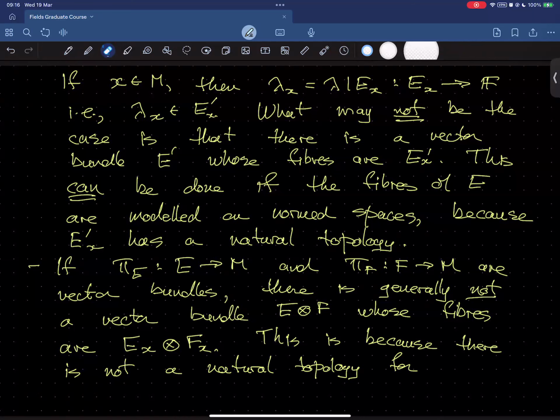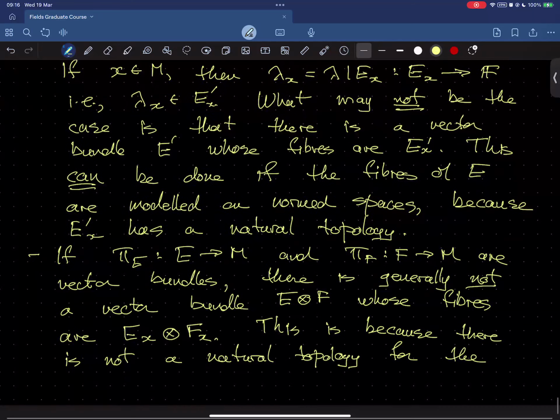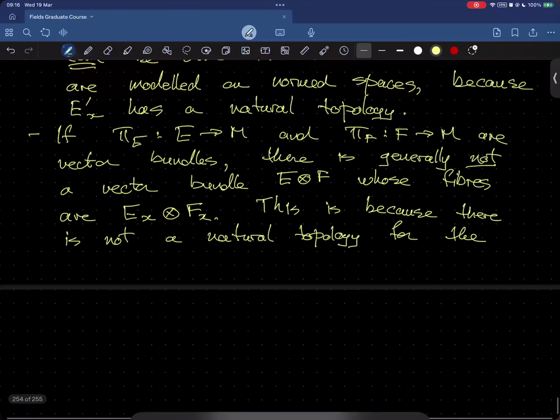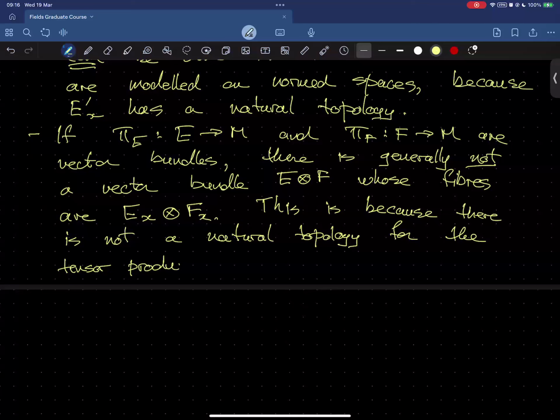So let me maybe say it a little bit more generally for the tensor product of locally convex spaces. Maybe depending on how you want to do this, there might be a natural one among the possible topologies for the tensor product. Maybe there's one that you could work with, but the tensor product is, I'll just say it's problematic.